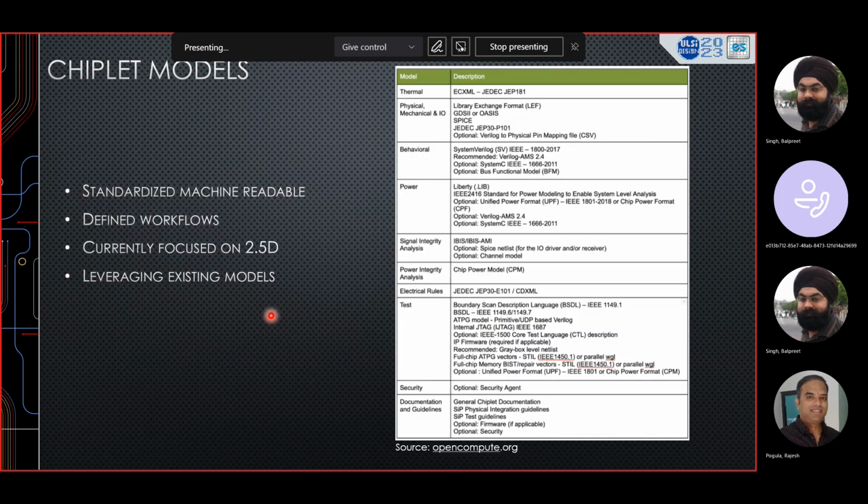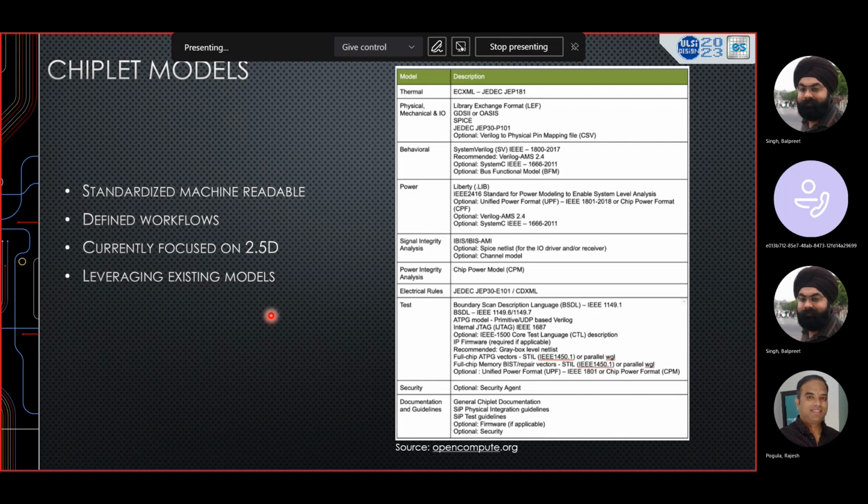Okay, so we're talking about the models and the standards, and some of this work is already happening, right? There is Open Compute, where industry experts are coming together trying to define a standard data exchange format.